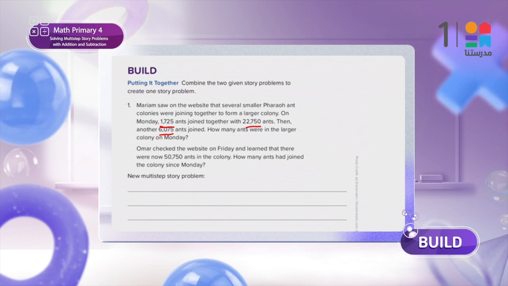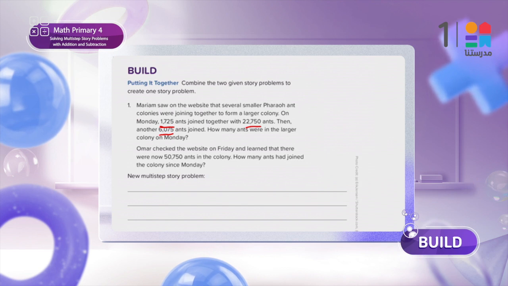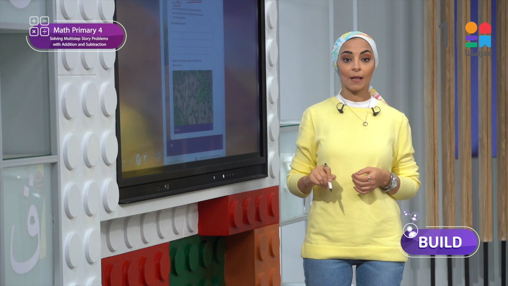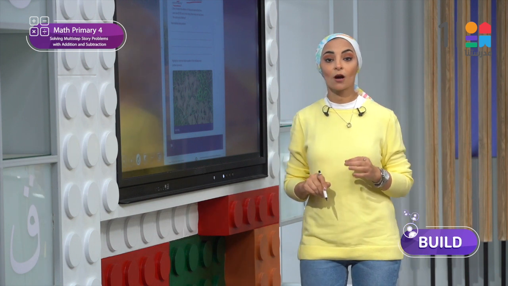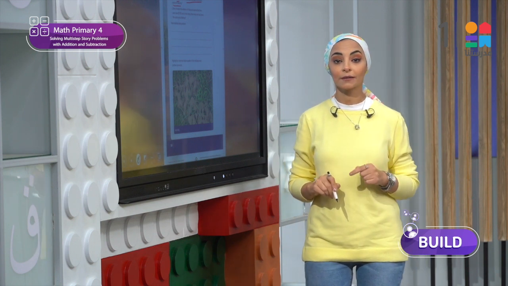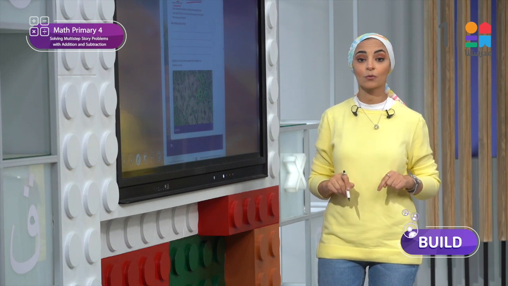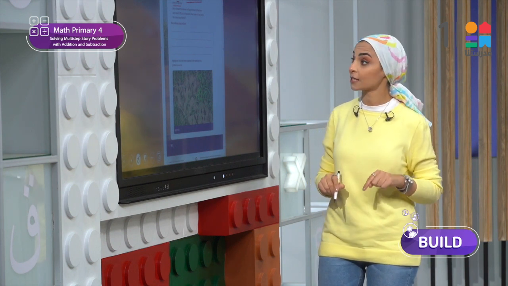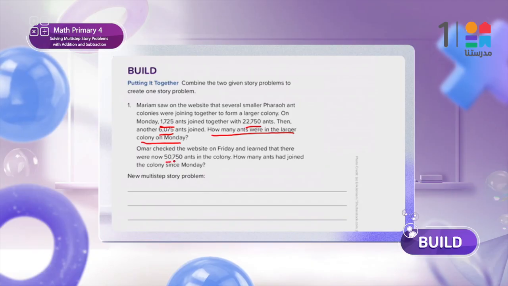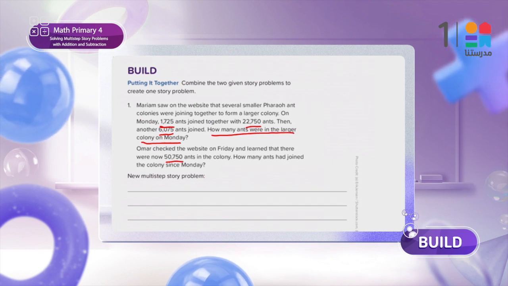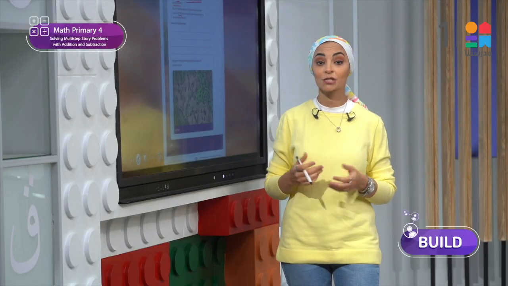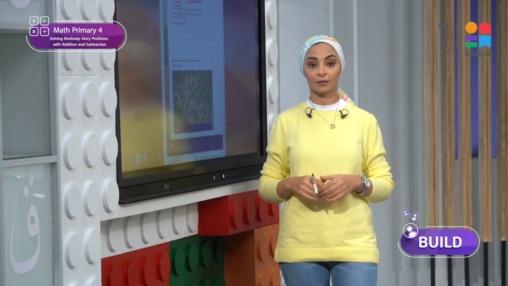So, how many ants were in the larger colony on Monday? Omar checked the website on Friday and learned that there were now 50,750 ants in this colony. This is the number I'm talking about. So, how many ants joined the colony since Monday?